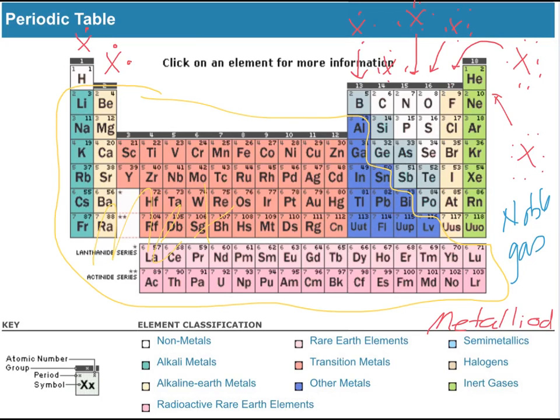So you could tell me that the majority of the elements on the periodic table are metals. The groups that we have right here are our metalloids, okay? And then everything else are going to be nonmetals. So our metals are going to be to the left on the periodic table and through the middle, and our nonmetals are going to be to the right.